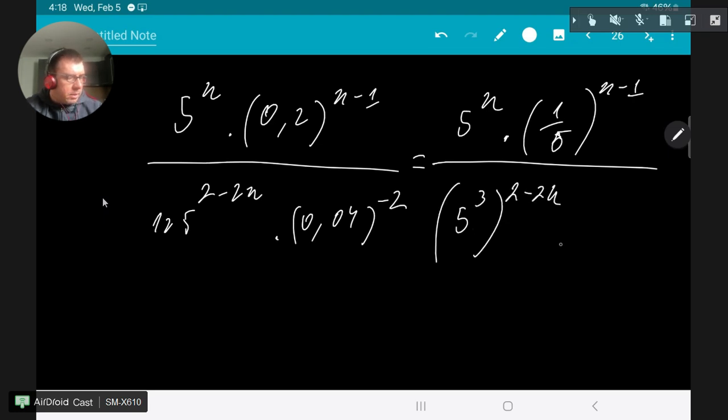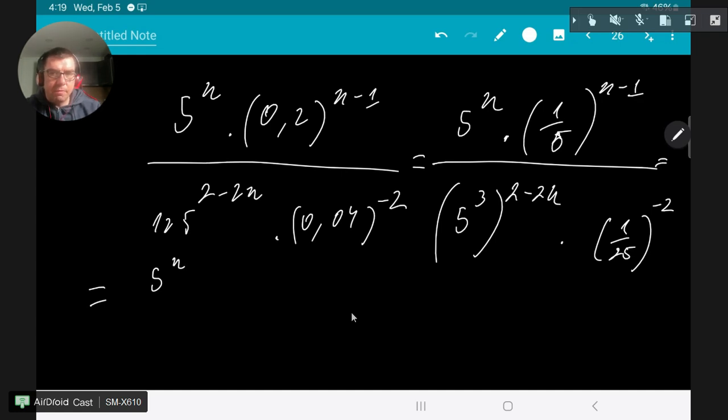And now 0.04 is the same as 1 over 25, okay? 1 over 25 to the power of minus 2. Now 5 to the power of n. 1/5 is 5 to the power of minus 1, to the power of n minus 1.